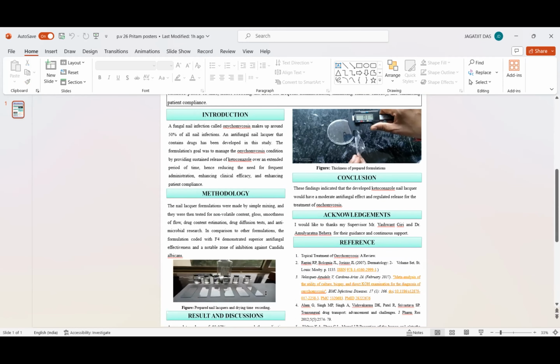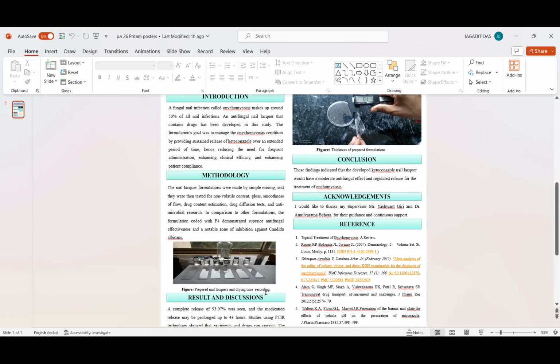For the formulation, we took ethanol plus ethyl acetate as solvents. In ethanol we added polymers like ethyl cellulose, and in ethyl acetate we added nitrocellulose. Urea, salicylic acid and lactic acid are the penetration enhancers.